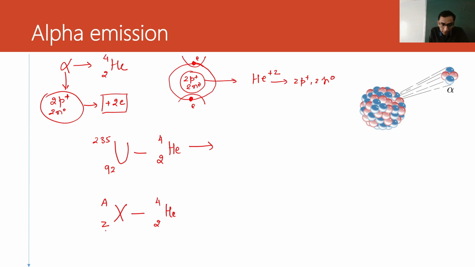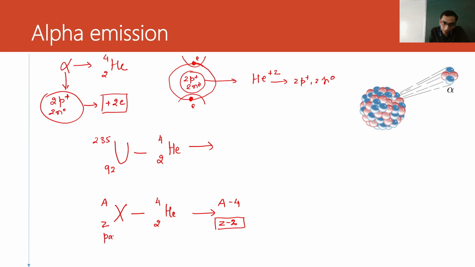Now, very simple, Z minus 2. So you have Z minus 2. Then you have A minus 4. So I'm going to write A minus 4, which means a new element is formed. You can very well see that Z minus 2 means an element with atomic number less than Z. So if the atomic number changes, that means the element itself changes.